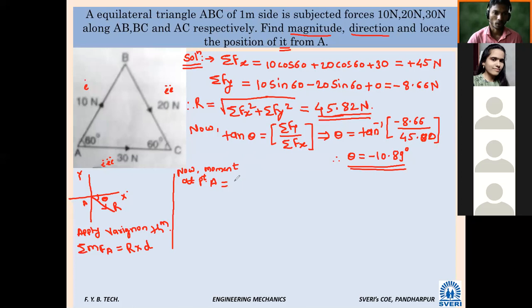Force number 2, the 20 Newton force. If you see now, point A and the 20 Newton force, this force is acting at an inclined distance, passing in an inclined way. So our aim is to take its x component and y component, and we have to consider both at a time.